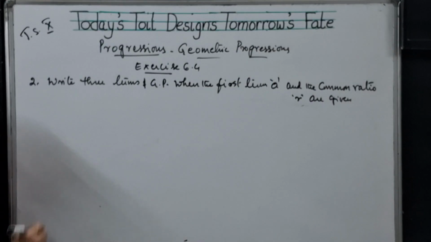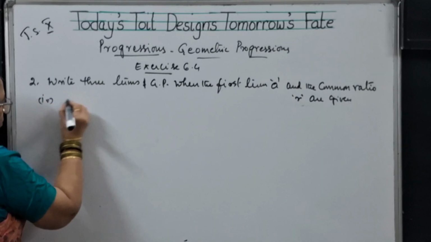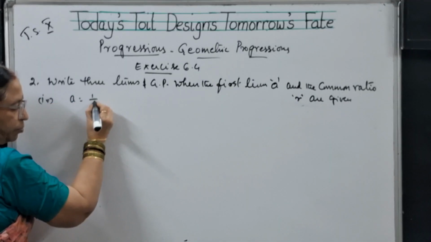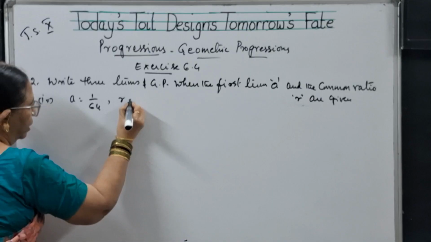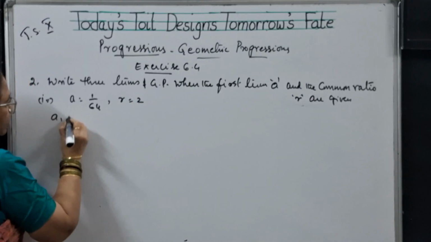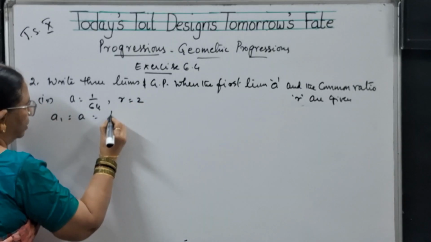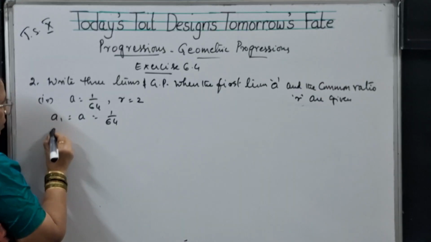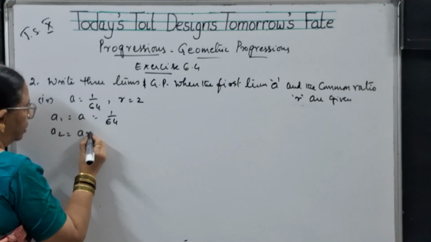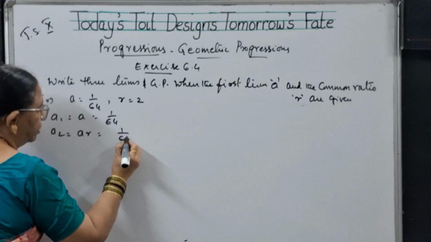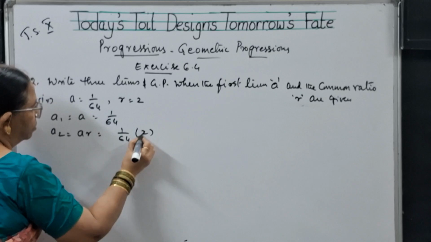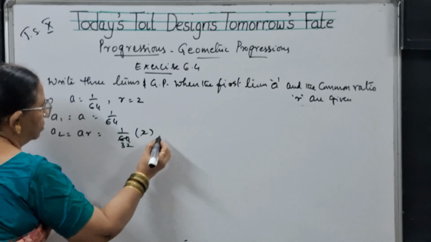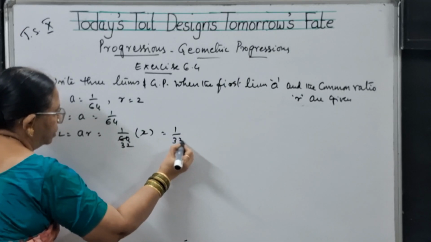Now, fourth bit, children. A is given 1 by 64, R is given as 2. So first term is A, that is 1 by 64. What is second term? A into R, 1 by 64 into 2. 2 ones are 2, 2 threes are 6, 2 twos are 4, so 1 by 32.